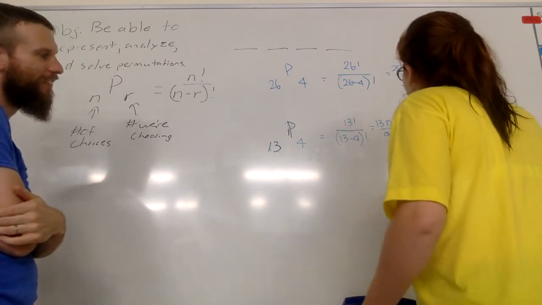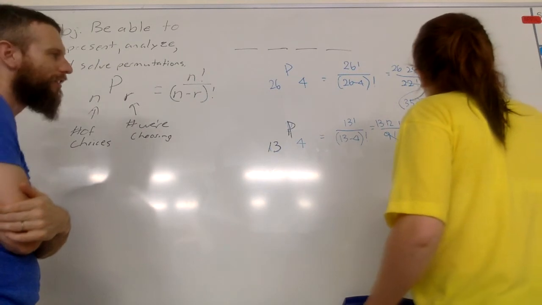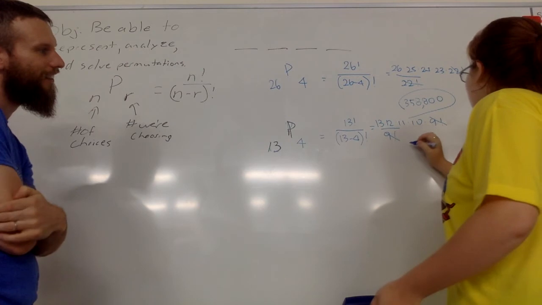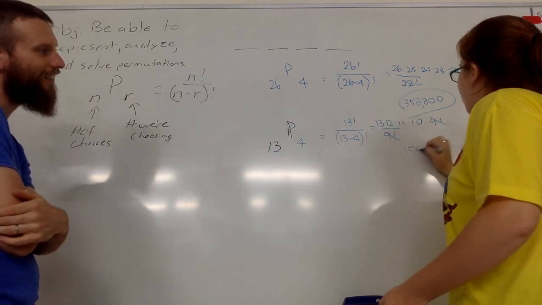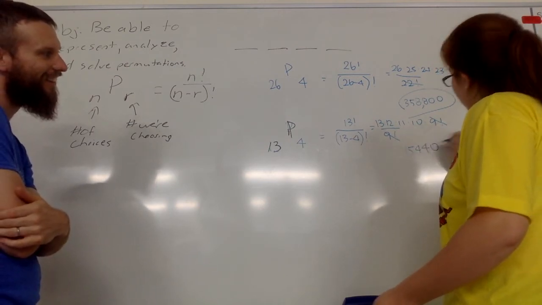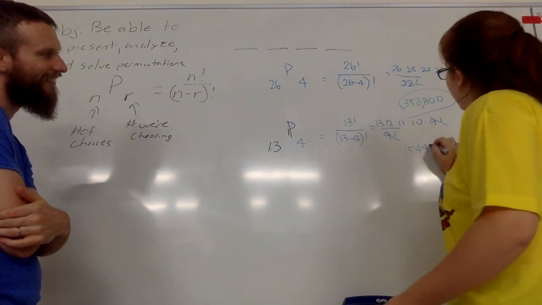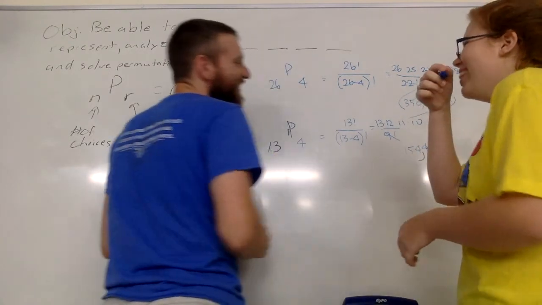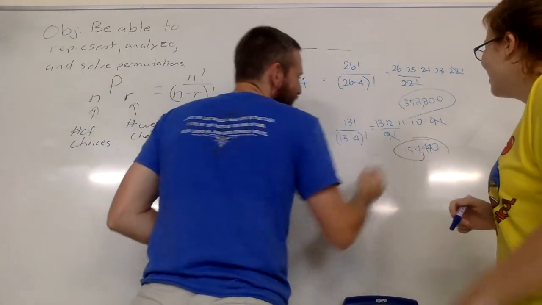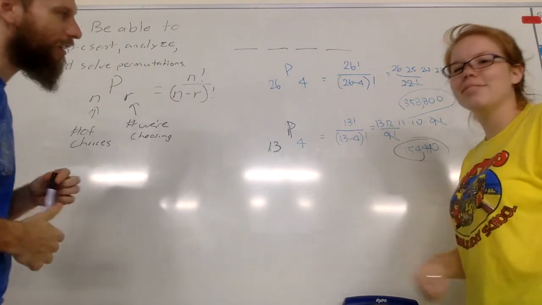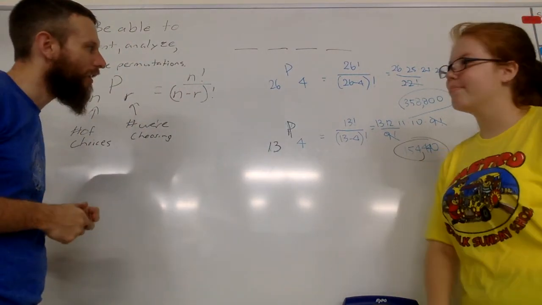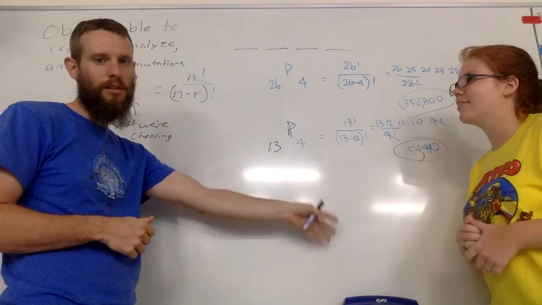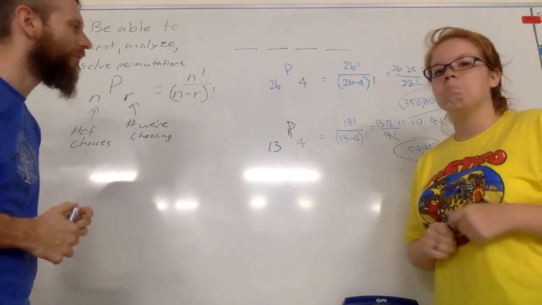The factorials cancel, and 13 times 12 is 156. Is that it? No, it doesn't have that. I forgot that one. It happens with mental math when you try to do that in your head. The answer is 154,440. So that is the number of different ways that you could have a president, vice president, treasurer, and secretary out of a class of 13 students. That's a lot of different options.